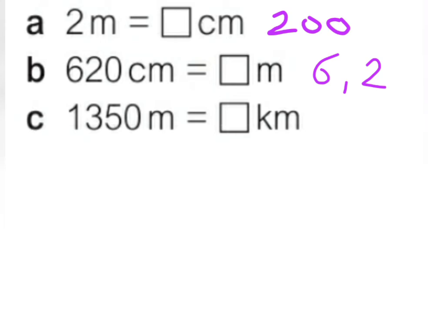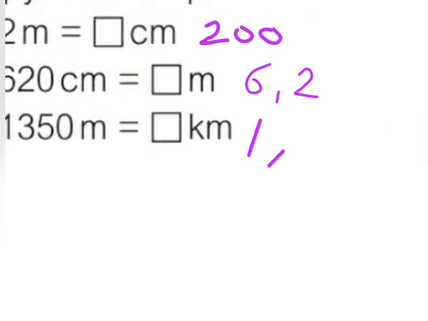Now, 1 kilometer equals 1,000 meters, so turning back means you're going to divide. We're going to divide this by 1,000, and the answer will be 1.35. And the 0, you don't have to write it.